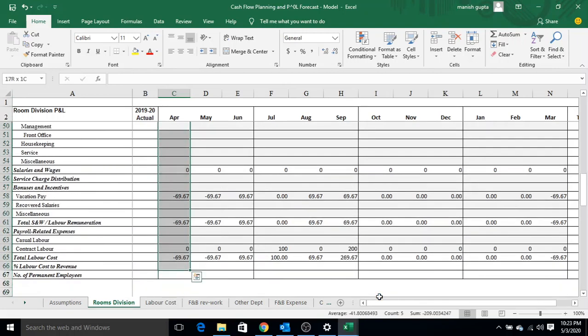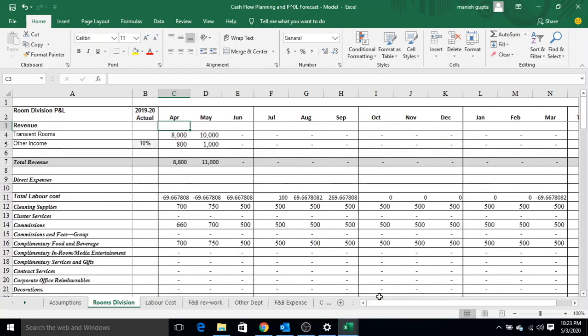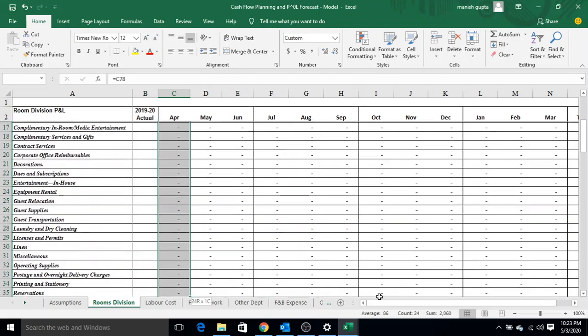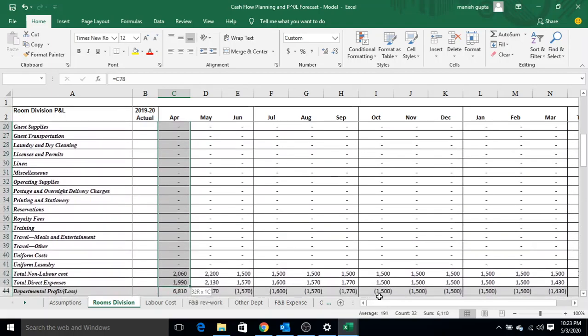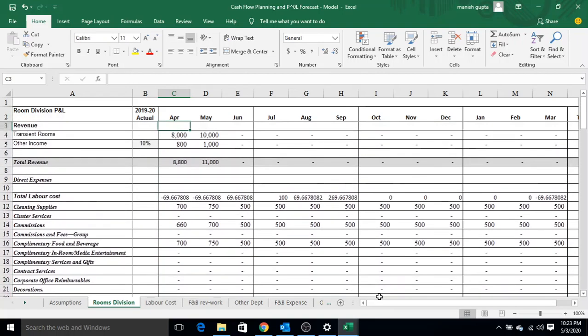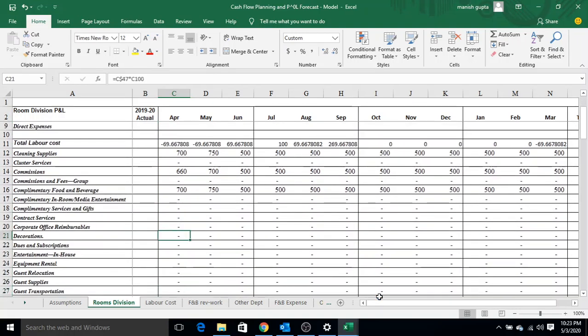Now the leftover lines in our P&L budget would be the cleaning and other expenses. So how do we do these budgets? This is a bit tricky, so let's understand it in a simpler way. Most of these expenses, you may have certain details for bigger expenses.